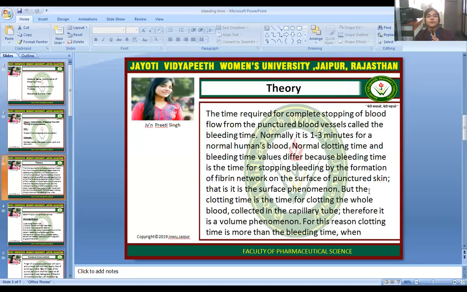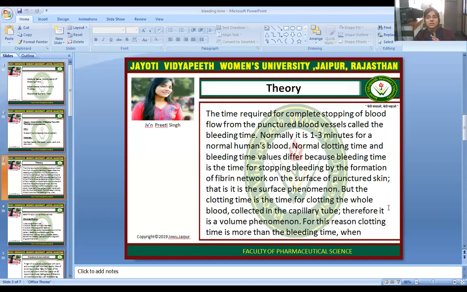recording. The time required for the complete stopping of blood flow from the punctured blood vessel is called the bleeding time. Normally, it is 1 to 3 minutes for a normal human's blood. Normal clotting time and bleeding time values differ because bleeding time is the time for stopping bleeding by the formation of a fibrin network on the surface of the punctured skin.